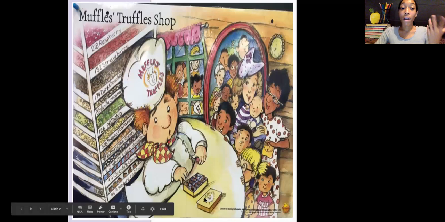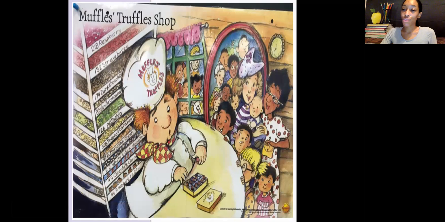So, Muffles' Truffles shop. The story, which you should have read in the read aloud, is also attached at the end of these slides in case you did not read it yet. Muffles has a truffle shop. They are very popular. He gets lots of orders. They're the best truffles in town.